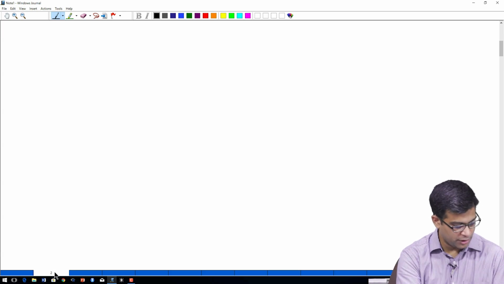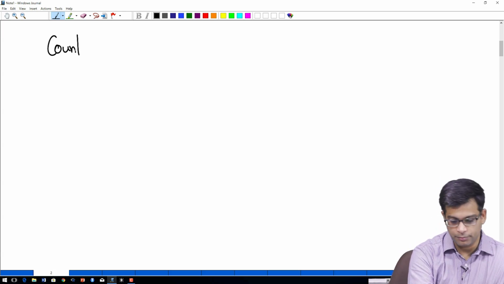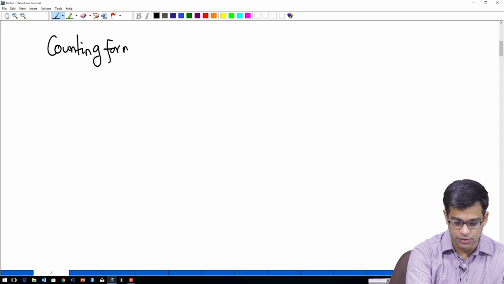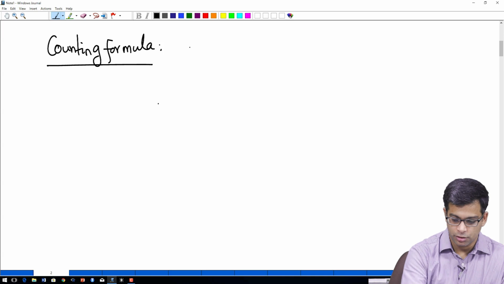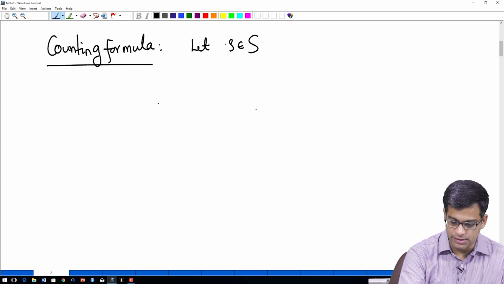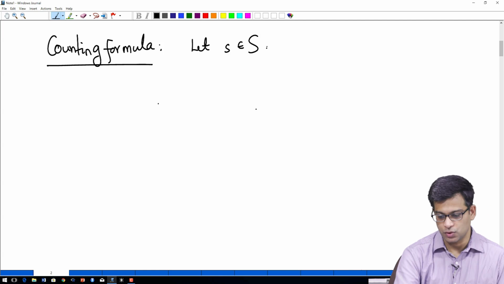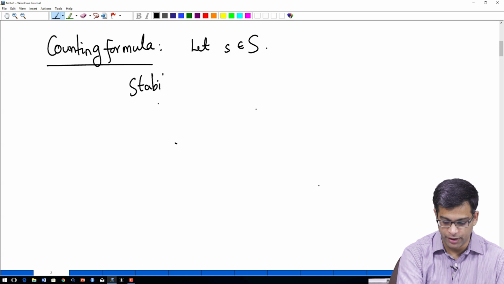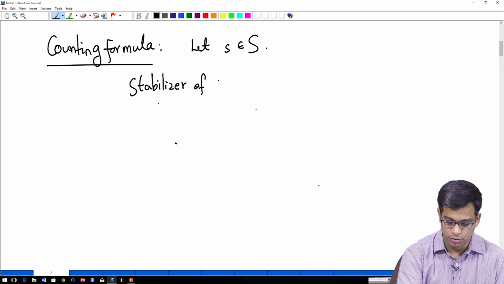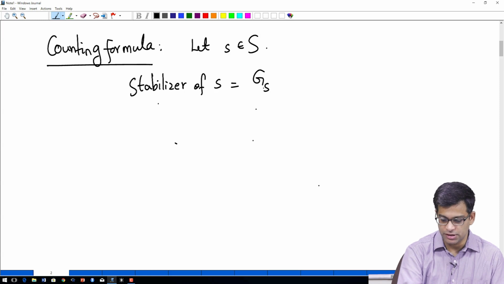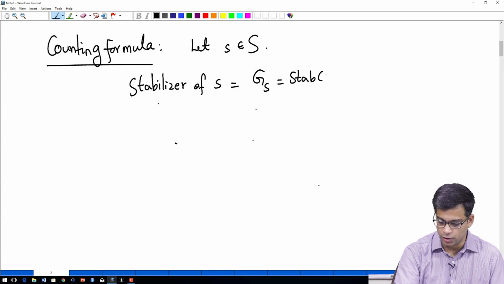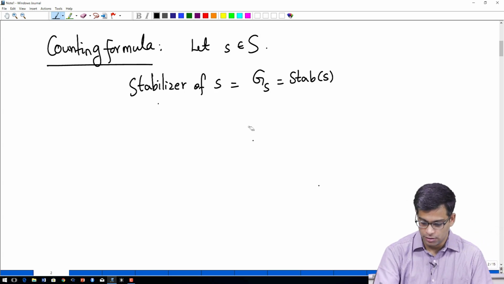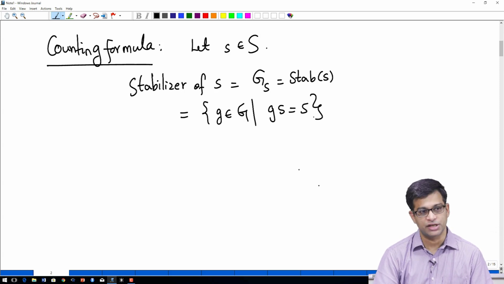Now, the most important thing that we have learned in the video when we talked about group actions was the counting formula. Remember, let us say small s is an element of capital S. So, S is the set on which G acts. Then the stabilizer of s, denoted by G_s, or sometimes I will denote it by stab s, is all group elements which fix s or stabilize s.